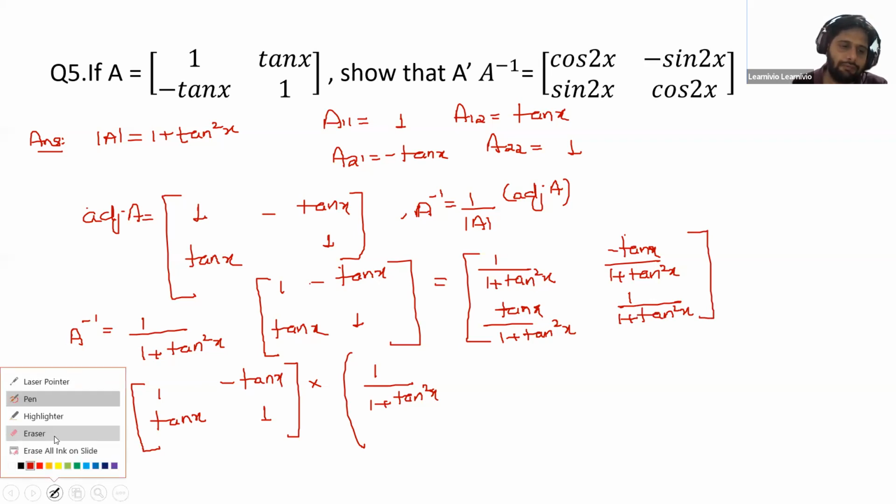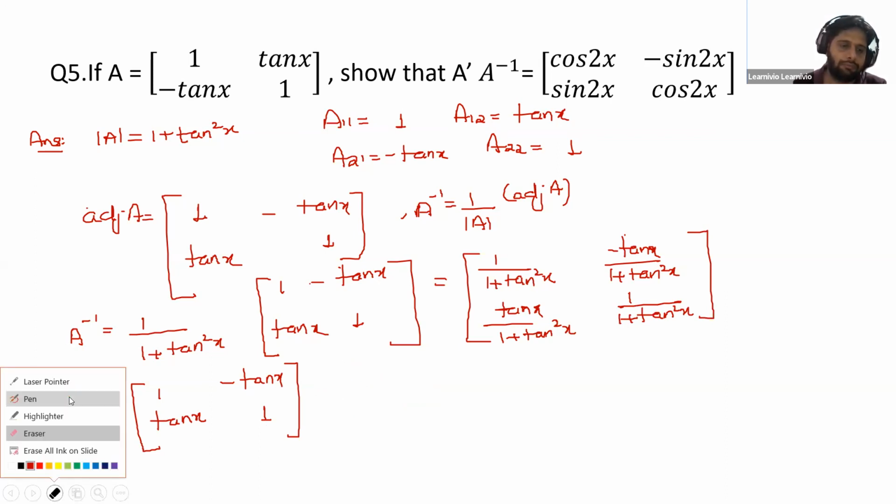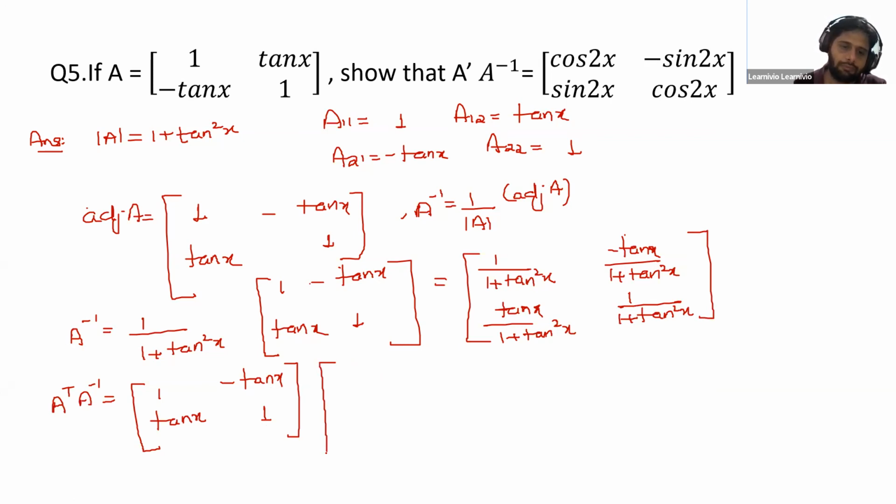Now we will use the same value over here. 1 by 1 plus tan square x, minus tan x by 1 plus tan square x, and tan x by 1 plus tan square x, 1 by 1 plus tan square x.